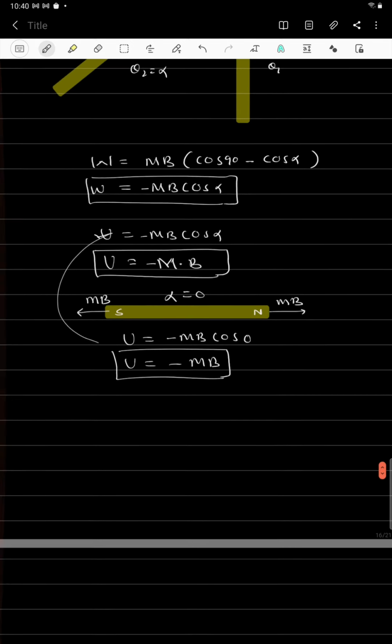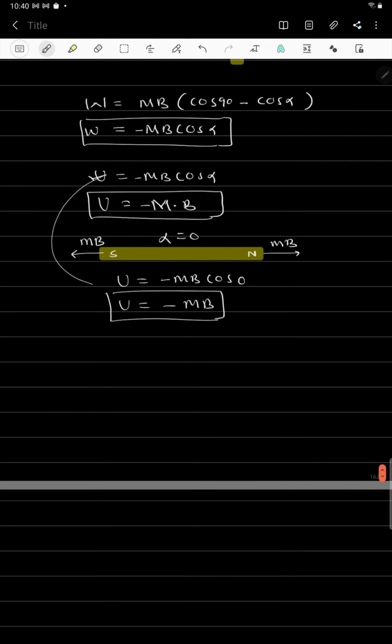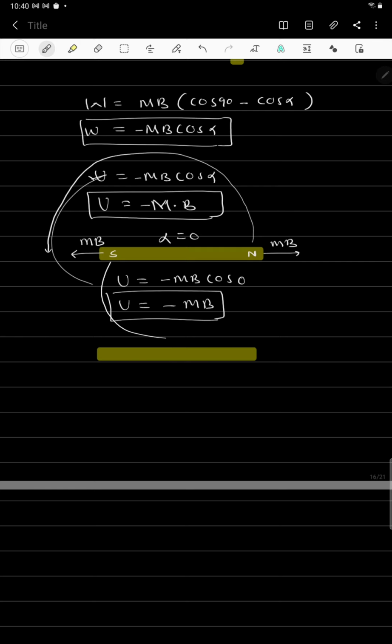And similarly, if the magnet is situated like this, it means the north pole is moving in this direction and the south pole in this direction, so it has completely rotated through 180 degrees.